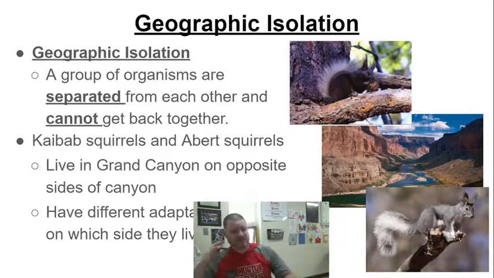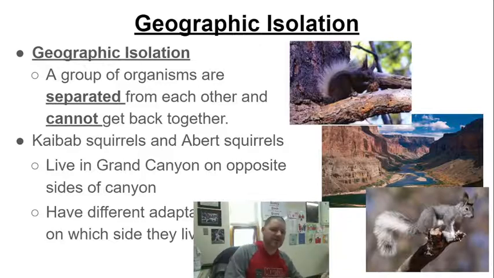where one species has adapted a different lifestyle and a different diet because they are on one side of the canyon, and on the other side of the canyon we have a different type of squirrel that has a different set of traits because of the side of the canyon that they are on.